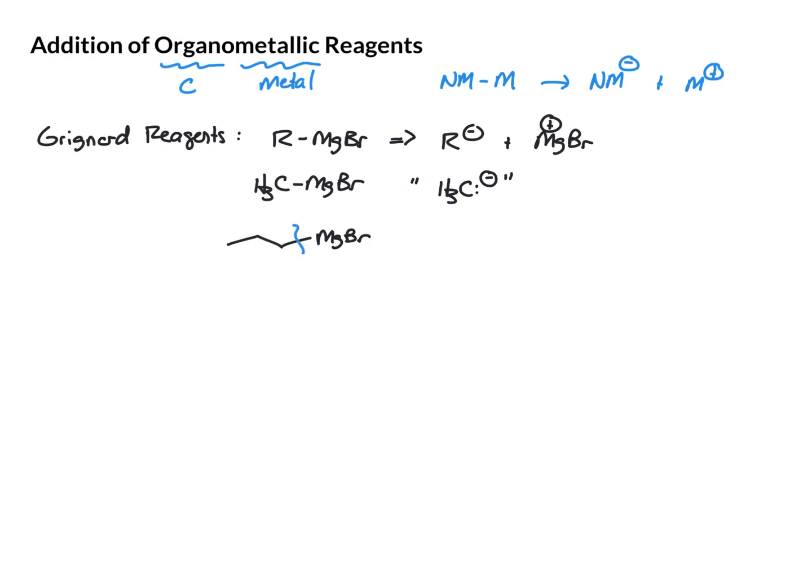Again, just break that apart and think of that as the propyl nucleophile, where the carbon that's bonded to the metal is the nucleophilic carbon, the carbon with the negative charge.